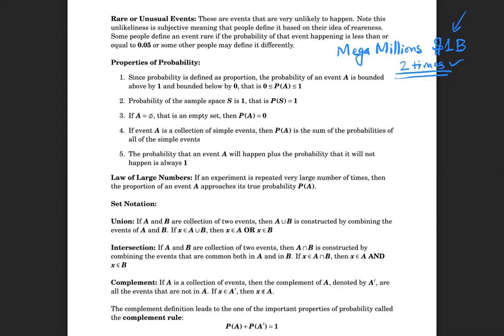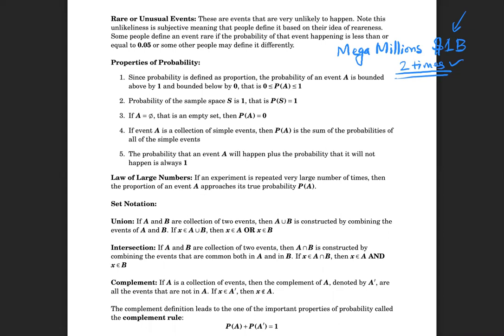But how likely is it this event to take place? How likely is it that the person will win the Mega Millions twice in a week? Extremely unlikely. It is possible, but it's not probable. It's not going to happen probably. But in theory, it could happen.